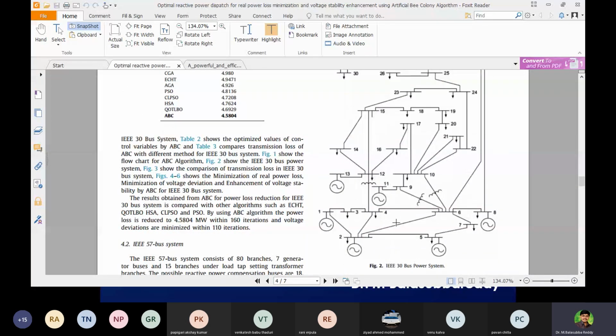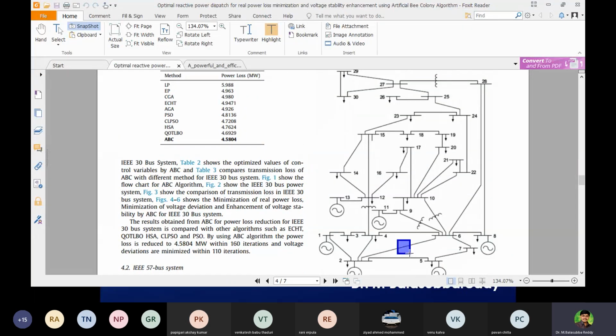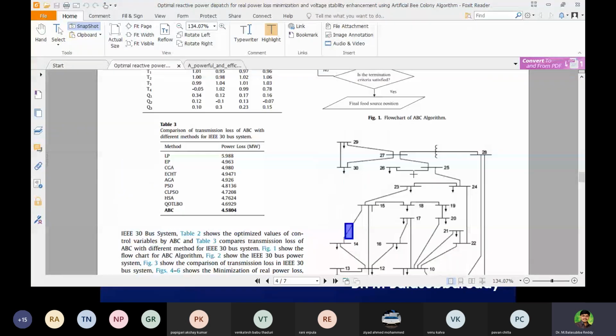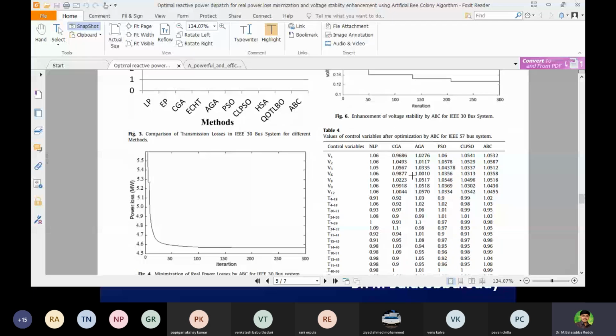Like that you can find the number of lines also. You can count: this is one line, this is another line, like that. These are all transmission lines. Totally, I think 41 transmission lines are there in the IEEE 30-bus system, 41 or 42. So just count it here, and you will know how many transmission lines there are. And that is one objective function.